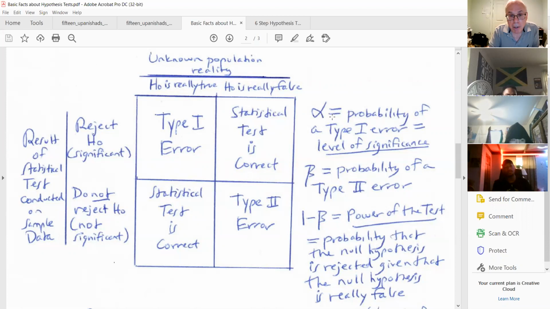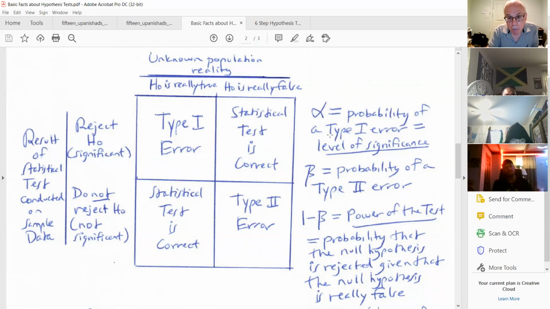Now, on the right side here, alpha is the probability of a type 1 error. So if we reject the null hypothesis, and the null hypothesis is really true, and we don't know that, by the way, because we typically don't know anything about the population parameter, we've committed that type 1 error, and the probability of that happening is called alpha.